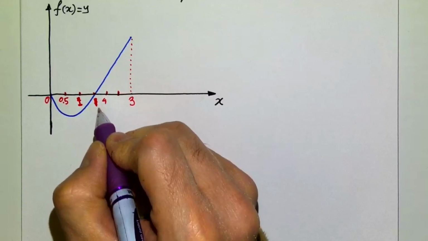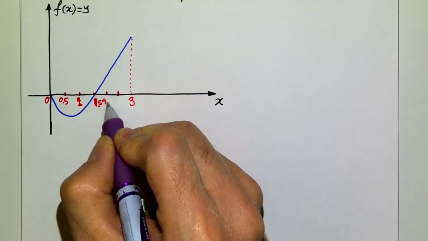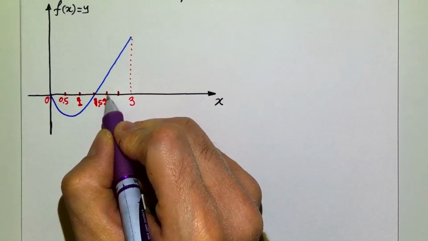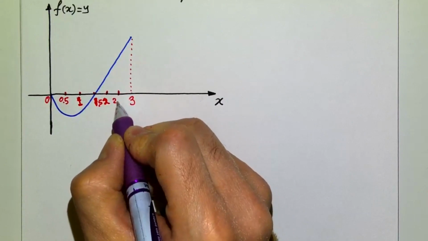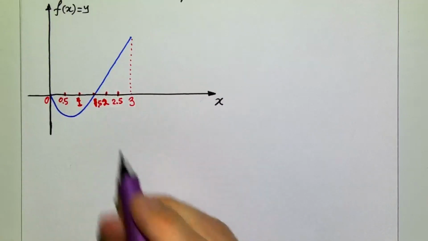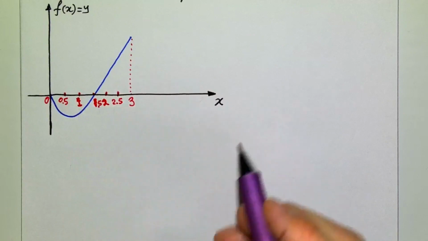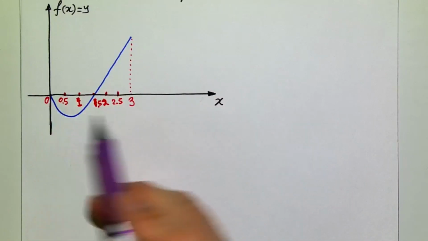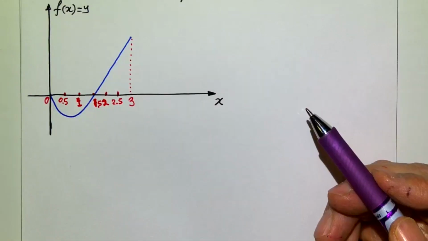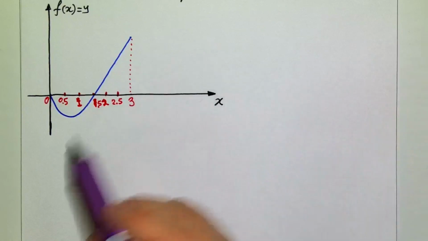Sorry for that little mix-up, but each increment is 0.5 units wide, from 0 to 3.